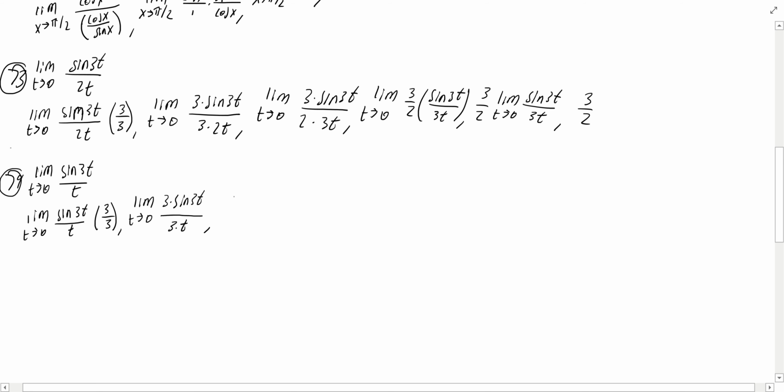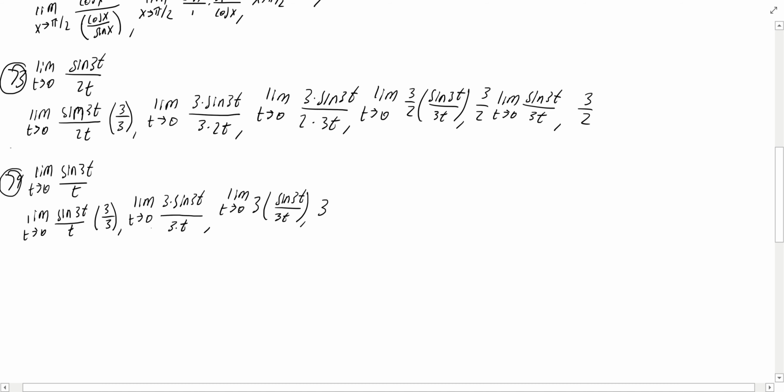So then we can say this is the limit as t goes to 0 of 3 times sine of 3t over 3t. This is going to reduce down to 1, so we get a final result of just 3.